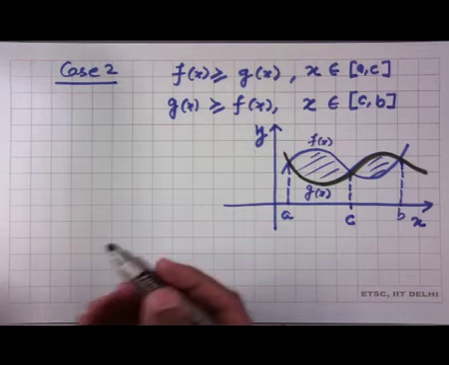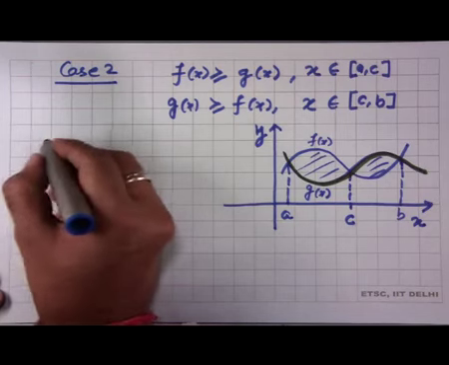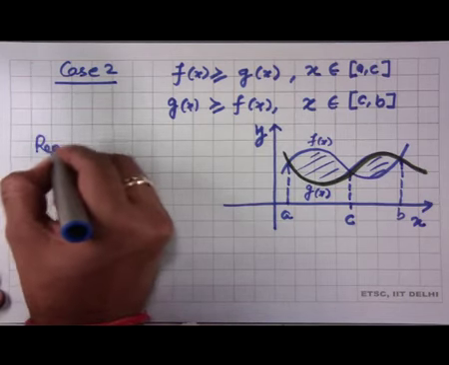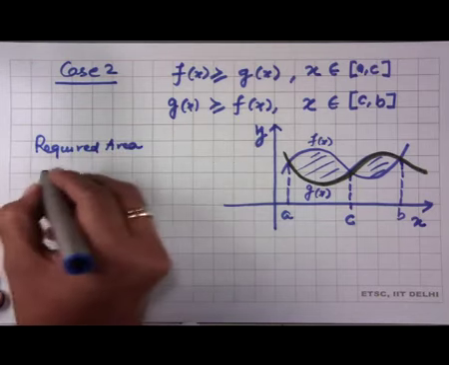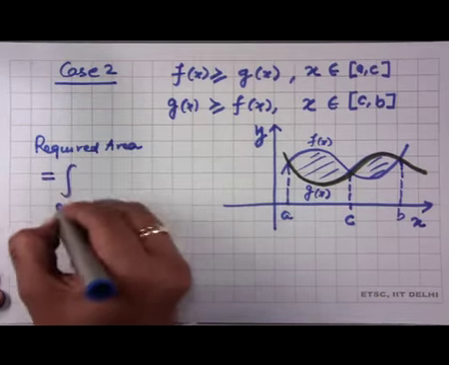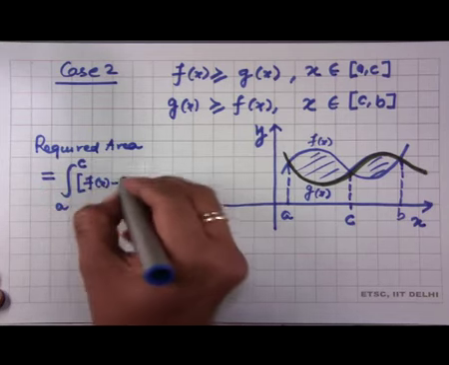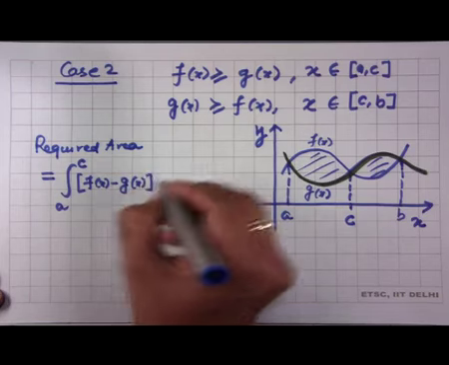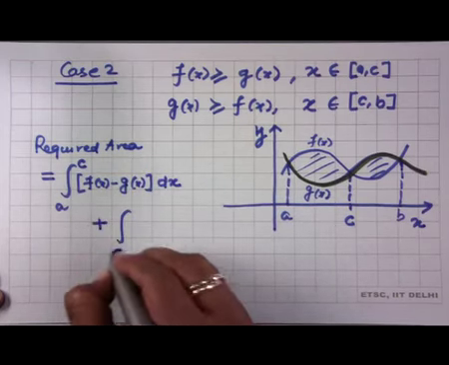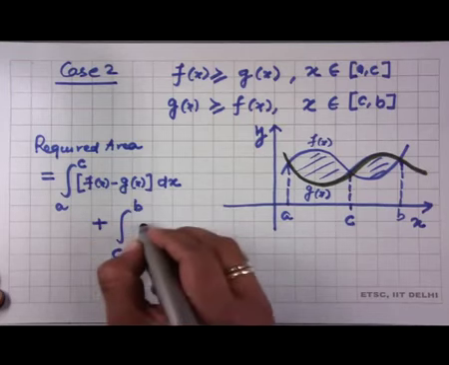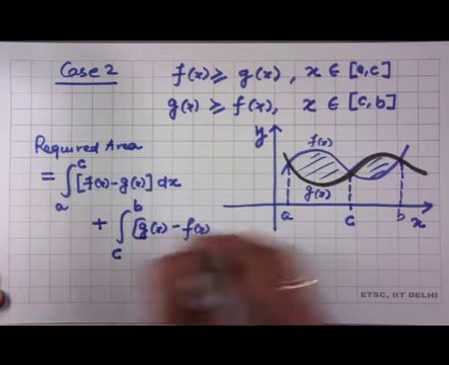In this case, by applying the previous formula, we can get the required area as the integral from A to C of (f(x) minus g(x)) dx plus the integral from C to B of (g(x) minus f(x)) dx.